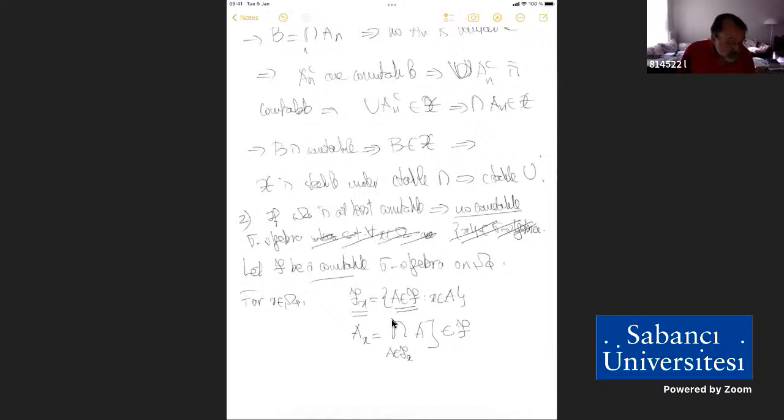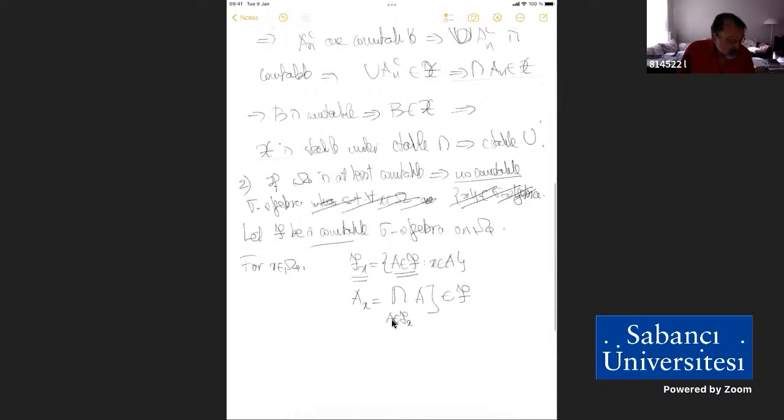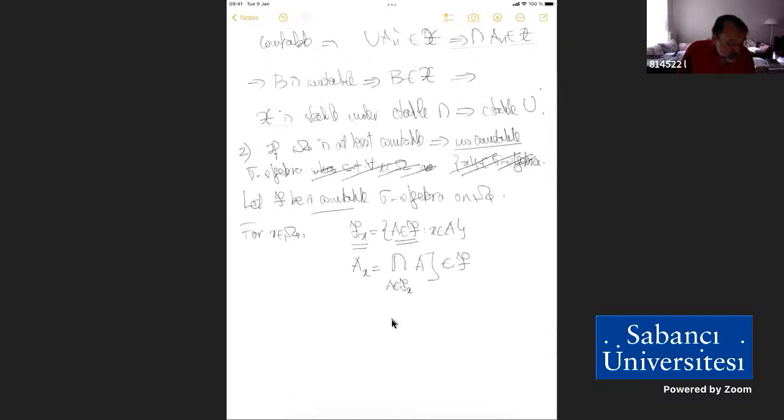Now, the thing is that if B is any measurable set, any element in F, then either B is a superset of Ax or B intersection Ax is empty. This is the first claim. Why is this true?